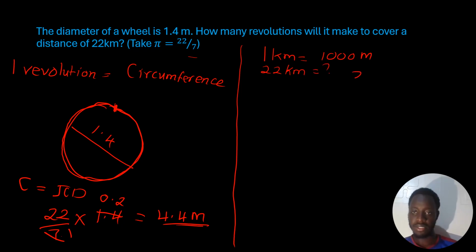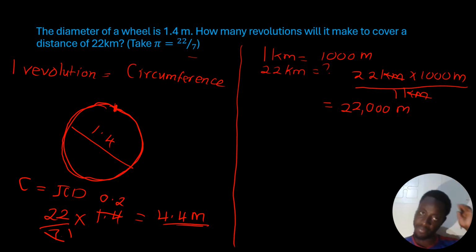That is 22 kilometers times 1,000 meters over 1 kilometer, so we have 22,000 meters. And one revolution is equal to the circumference.